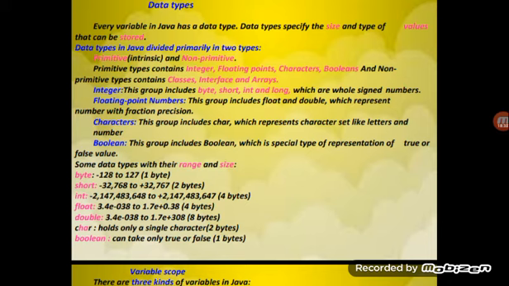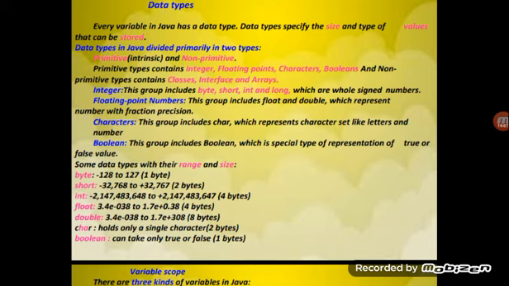Integer: this group includes byte, short, int and long, which are signed numbers. Floating point: this group includes float and double, which represent numbers with fractional precision. Character: this group includes char, which represents a character set like letters and numbers.